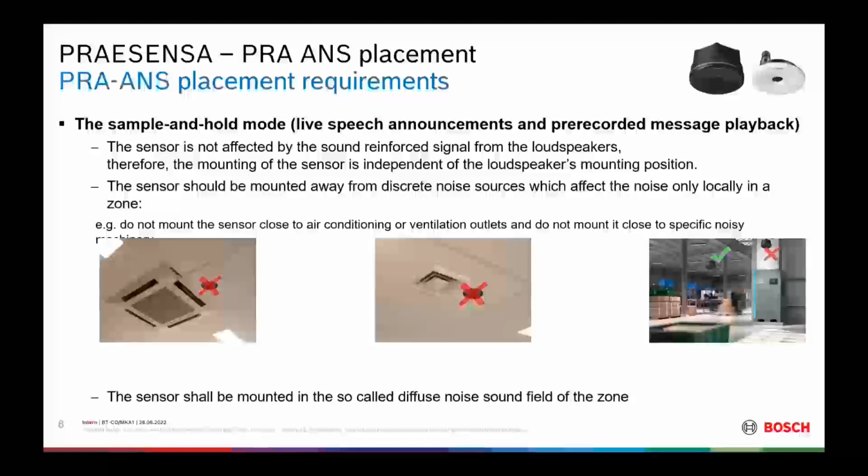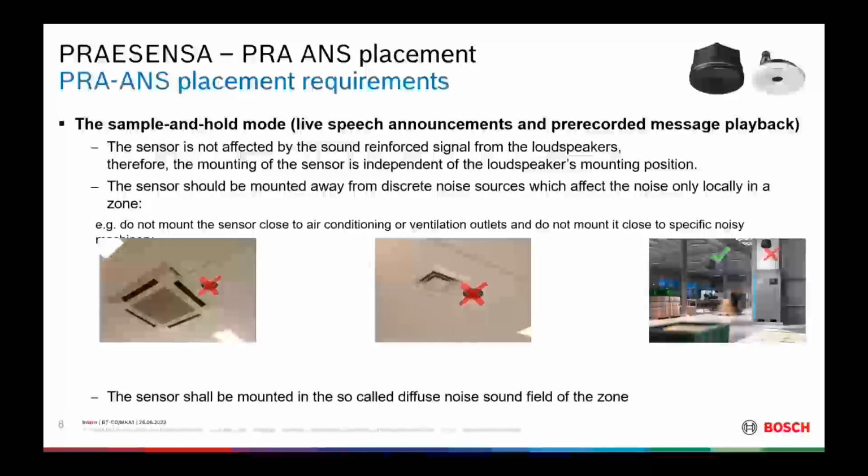Don't mount the sensor too close to a noise source which is not relevant for the complete zone where the sensor has an effect on the broadcasted audio levels. In general, also not close to a specific loudspeaker, like it is shown here on the right hand side, because the loudspeakers would also be a discrete sound source.